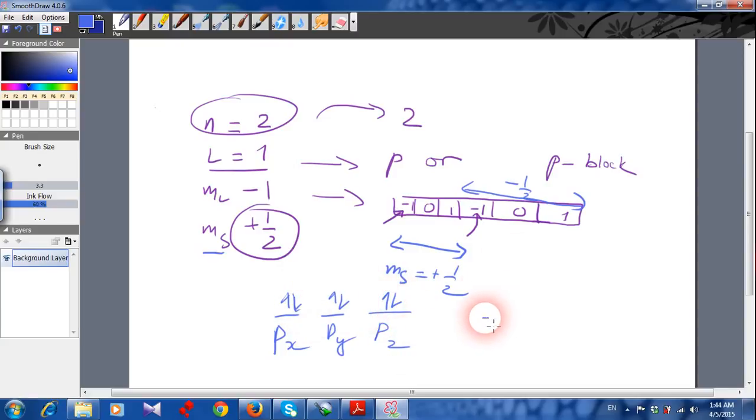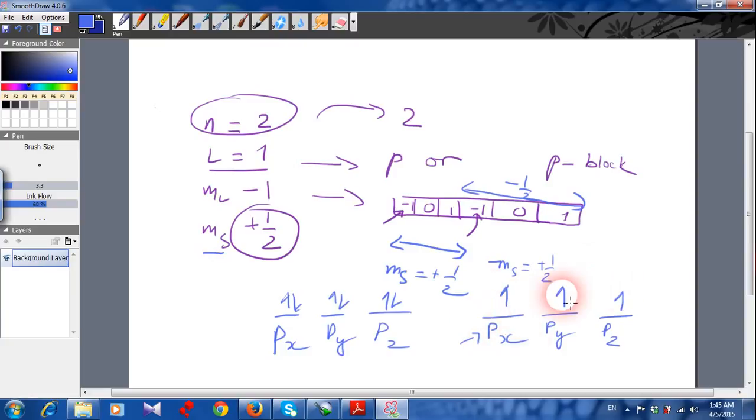When we have one electron in an orbital, we call ms positive 1/2.